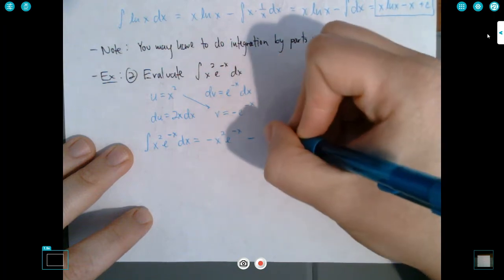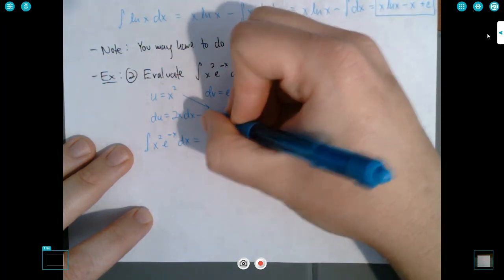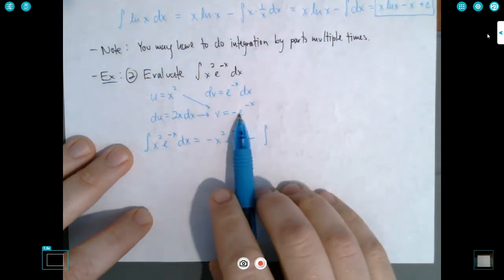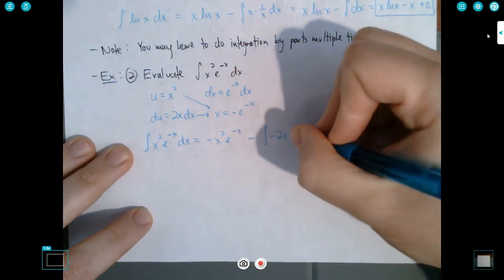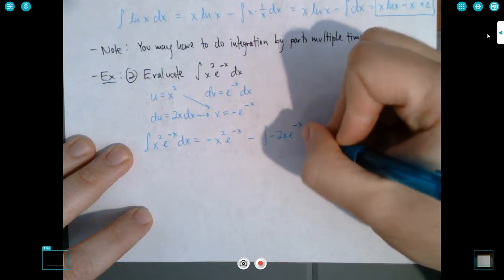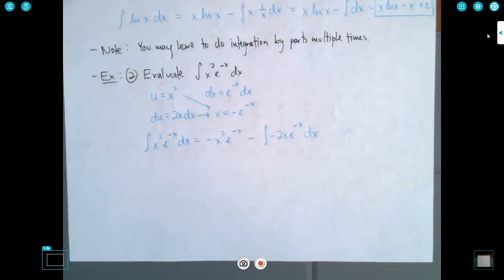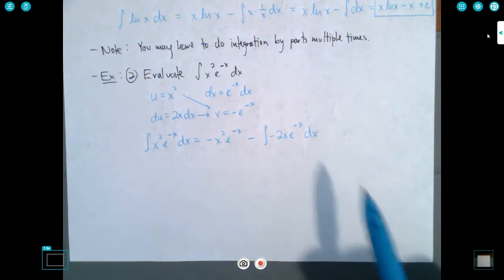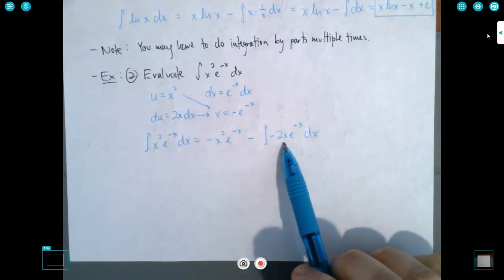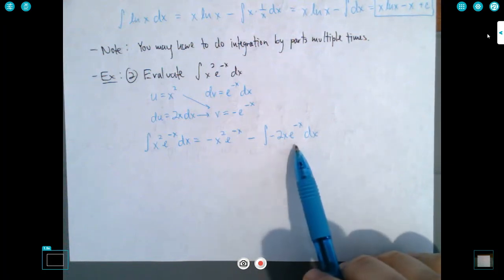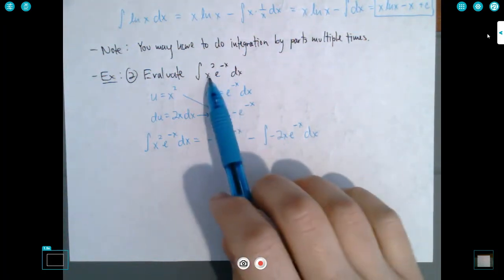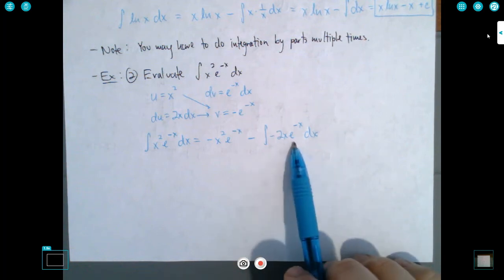And then minus the integral of 2x times negative e to the negative x, so negative 2x e to the negative x dx. Now, it doesn't look more complicated than what we started with, but it also doesn't look less complicated than what we started with.